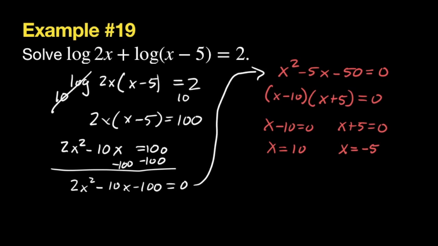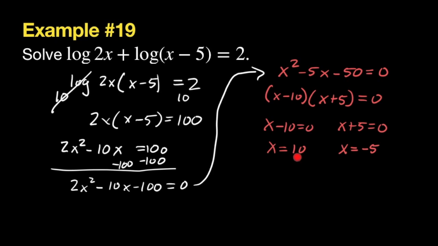Whenever you're dealing with logarithms, we need to be careful with whatever is inside the parentheses. That number must always be greater than 0. So you cannot have a negative number there. So if you were to use the first answer that we got, negative 5, if you were to put negative 5 right here and then negative 5 right here, the calculator will give you an error.